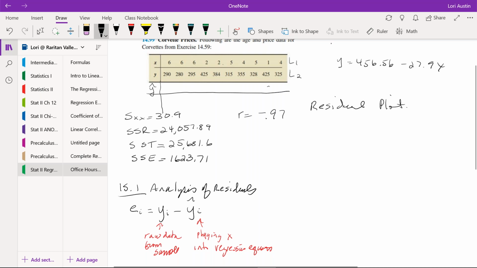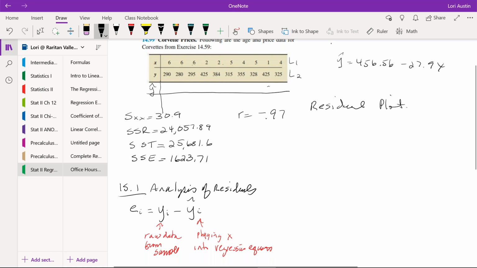In other words, if I plug the x value of 6 into my regression equation, what value am I going to get? So that's the first thing we're going to do. I had done these, but I'm going to go ahead and put them in. But as I'm working, you can try a couple just to make sure you're getting them right and make sure I have them right.